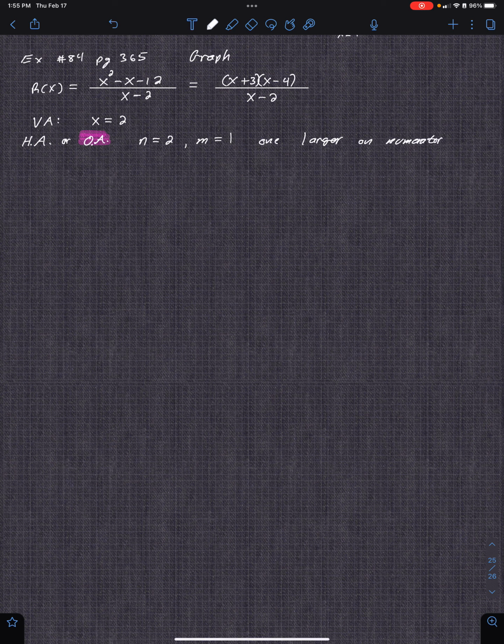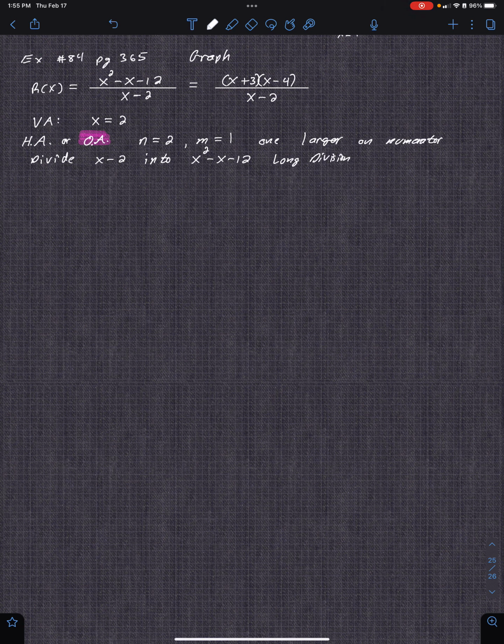So since it's 1 larger on the numerator, we divide x minus 2 into the x squared minus x minus 12 using long division.